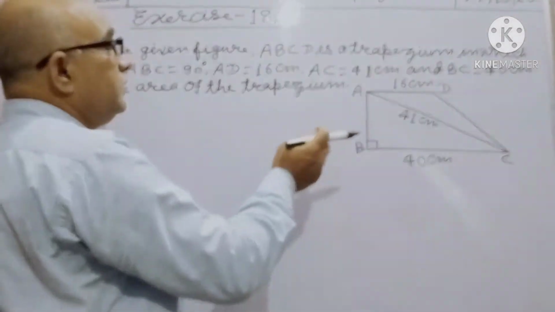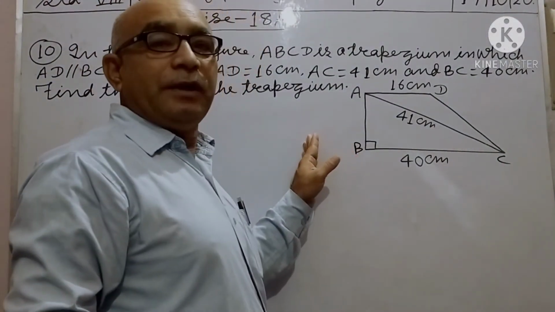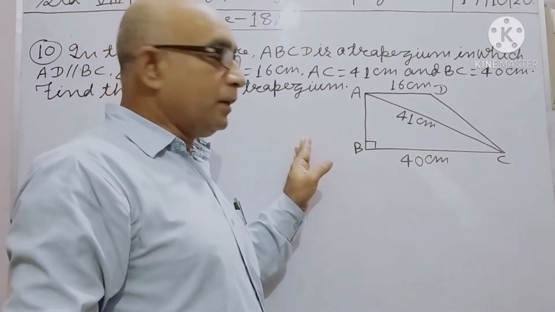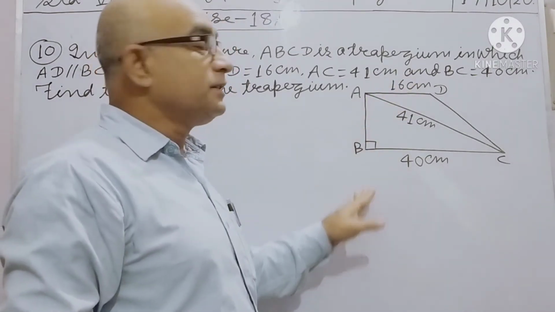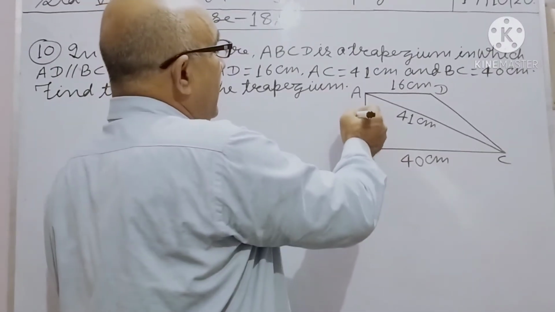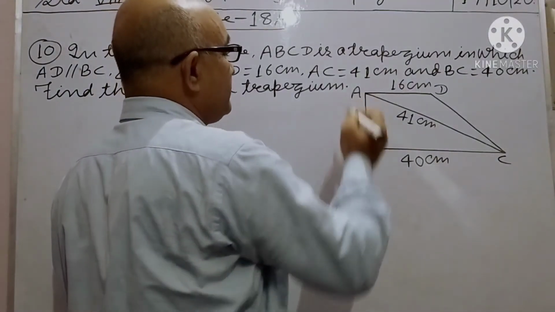First of all, we know that area of trapezium equals 1 by 2 into sum of parallel sides into height. So AB is the height. Suppose height is h.